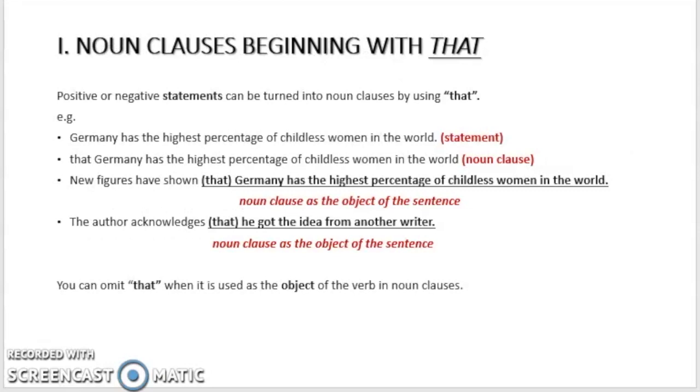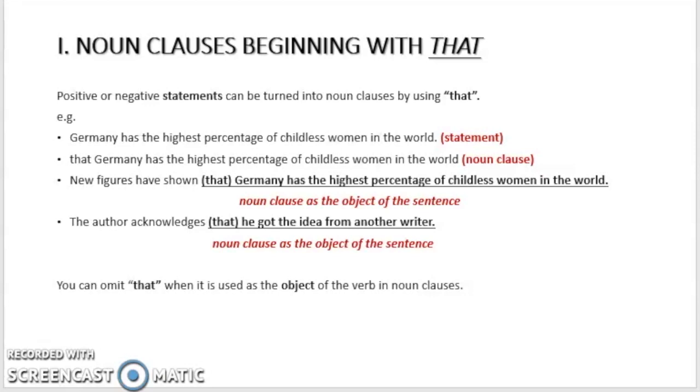Positive or negative statements can be turned into noun clauses by using that. In other words, when we have a statement or a sentence that is positive or negative, we can turn it into a that noun clause. For example, Germany has the highest percentage of childless women in the world. This is a positive statement.